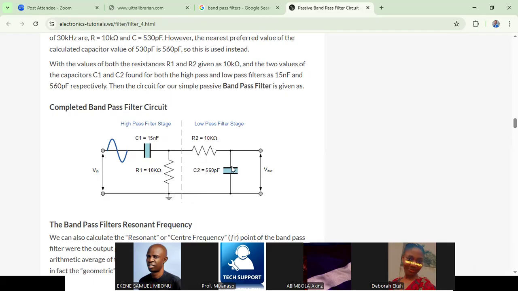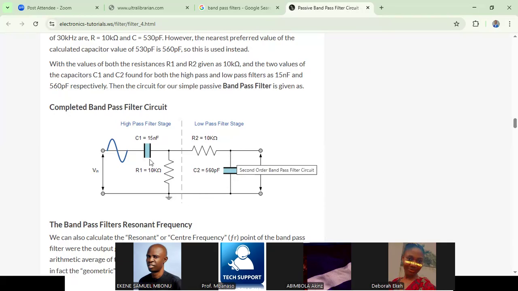Now coming to this point, what happens here? At high frequency, this one will act as a shunt. So some high frequency component that is not needed will sink.